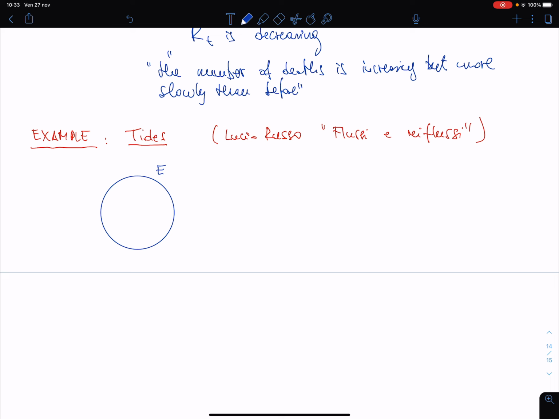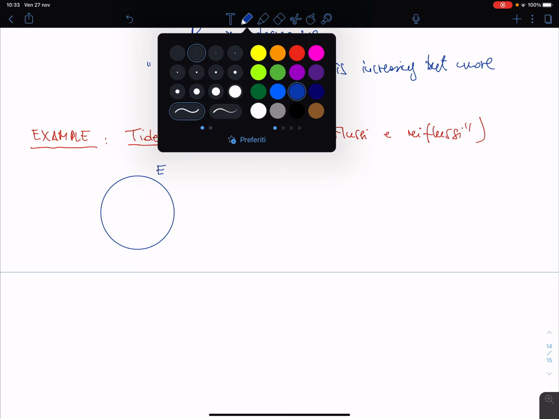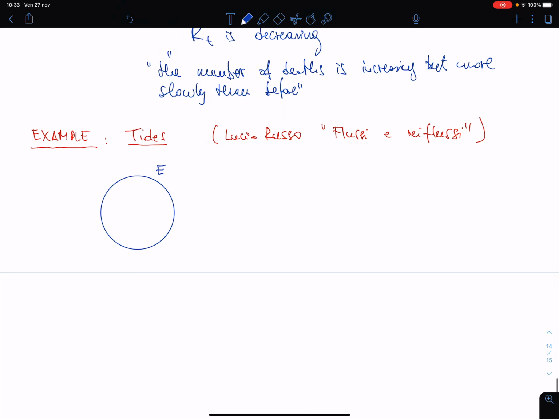And suppose this is a very simplified model due to Archimedes. So suppose that the Earth is uniformly surrounded by water. So the oceans are here.